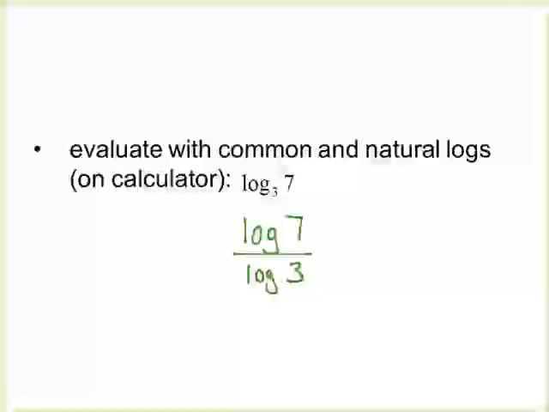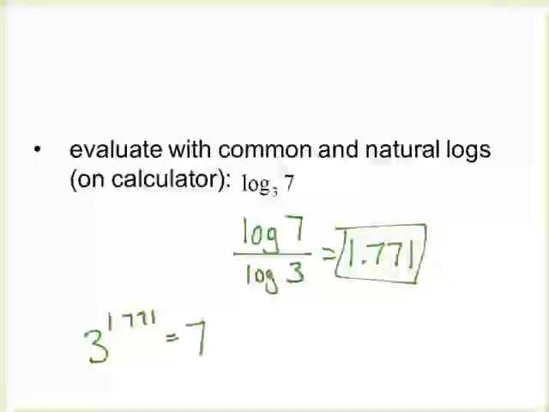1.771. Now let's remember what this means, because a lot of times once we start plugging stuff into our calculator, we forget what's really going on. So that's our answer. What that means is when we evaluate a log, it's giving us an exponent. So it's answering the question of 3 to what power would equal 7.